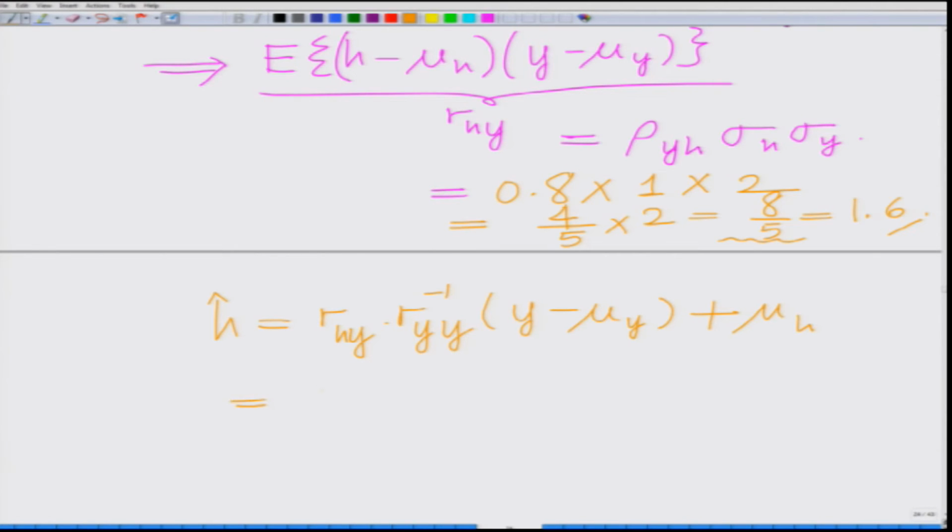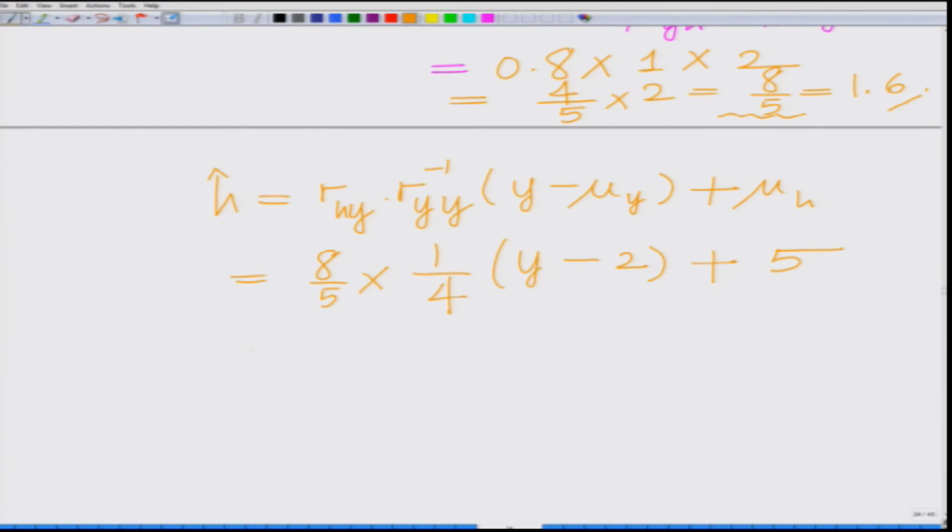We know RHY, that is 8 by 5, times RYY inverse. We know RYY, that is sigma y square equals 4. So this is 1 by 4 times y minus mu y, we know mu y is given as 2, plus mu h, that is given as 5.